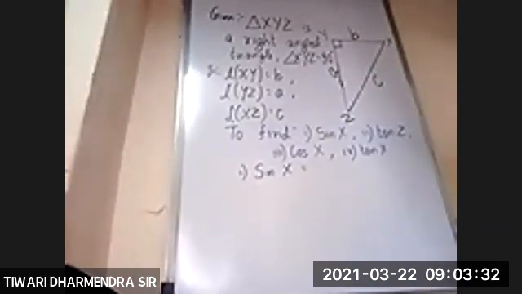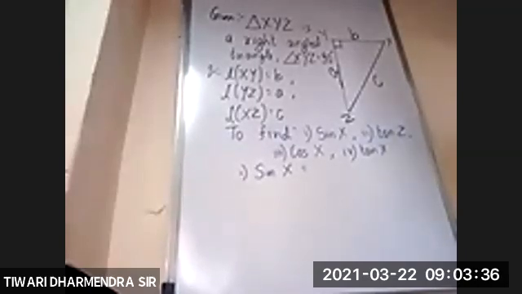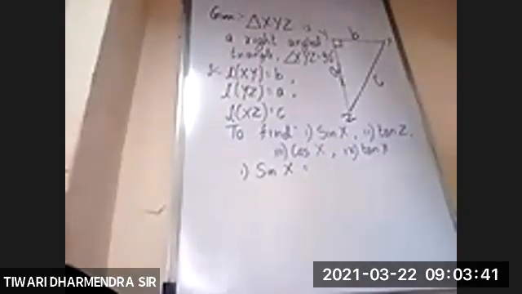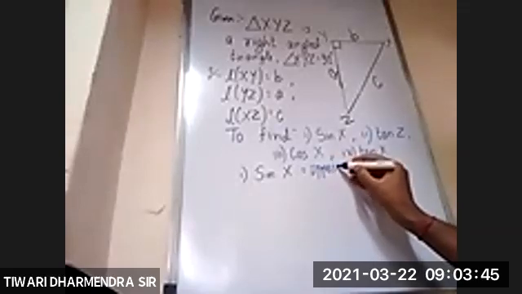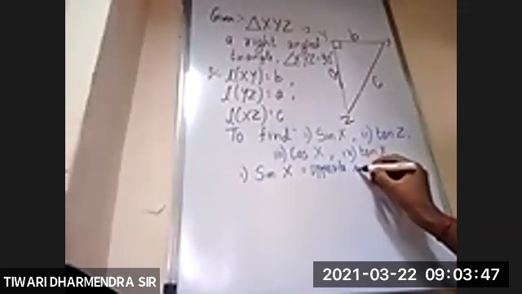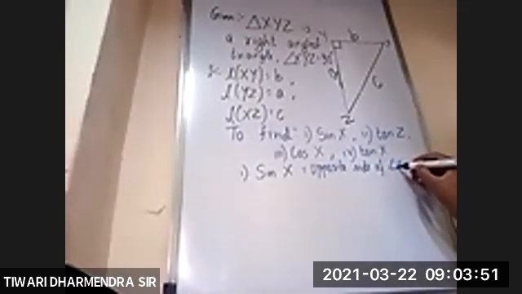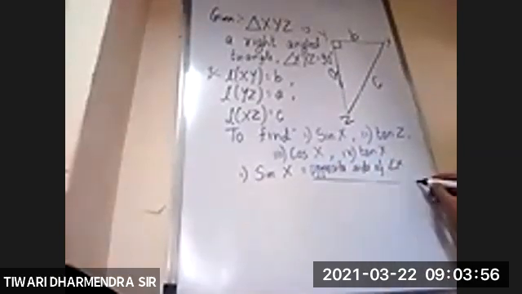So first we will write the formula, then the sides, and then the values, that is the length. So sine x is equal to the side opposite to angle x divided by the hypotenuse.